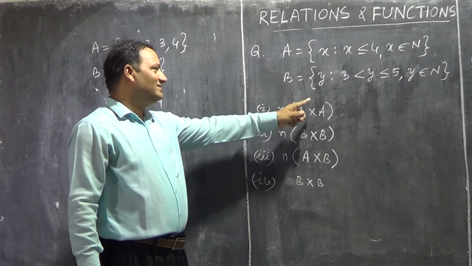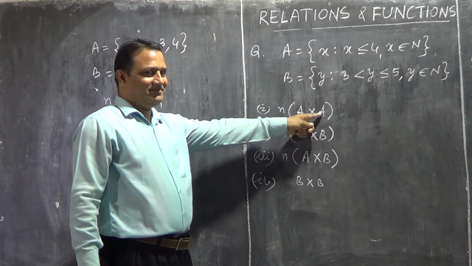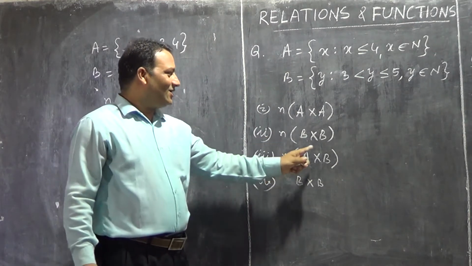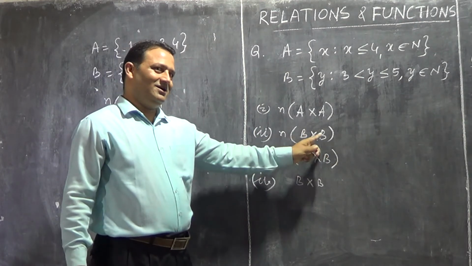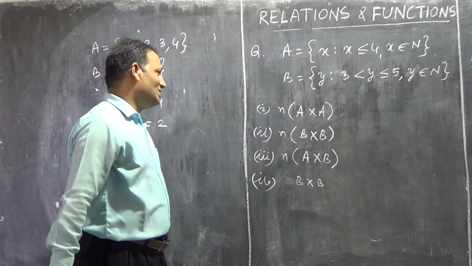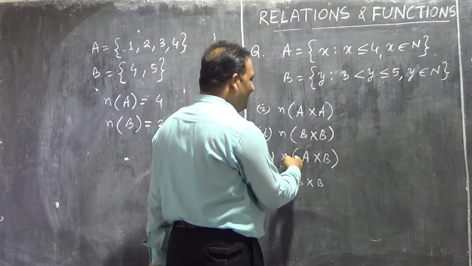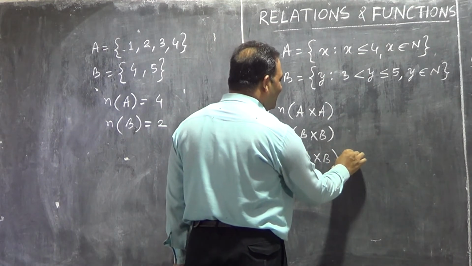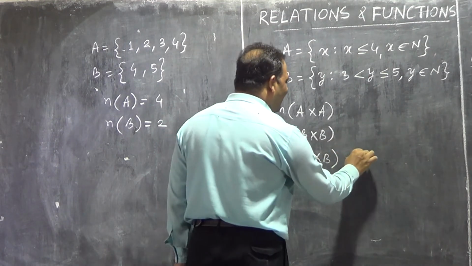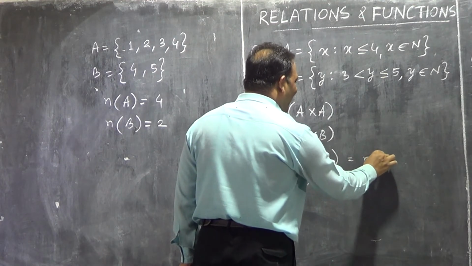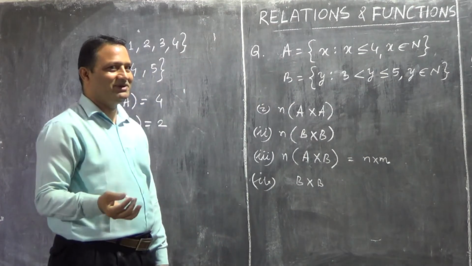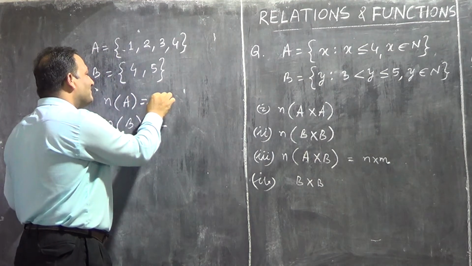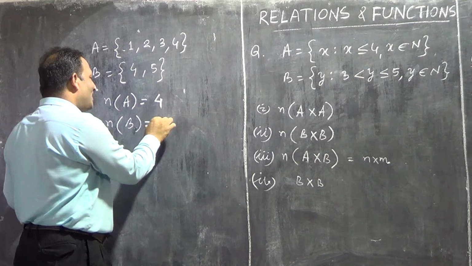A cross A, A cross B, B cross B. When we took A cross B, the number of elements in A cross B will be n into m. Our property was saying n into m, where n is the number of elements in A and m is the number of elements in B.